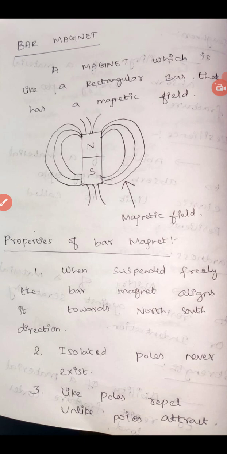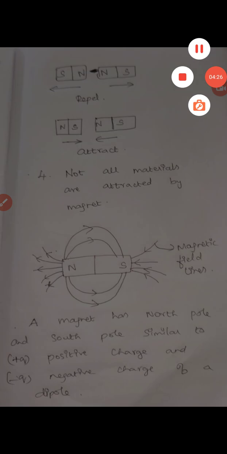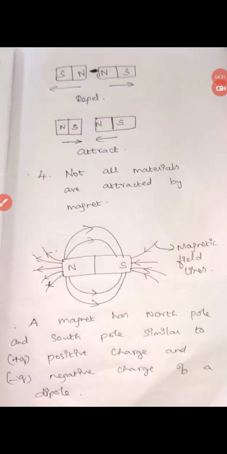For example, there are two bar magnets, each with a north and south pole. In the first diagram, the north pole of one magnet is moving towards the north pole of the other magnet, and the next diagram indicates the north pole of a magnet moving towards the south pole of the other magnet.